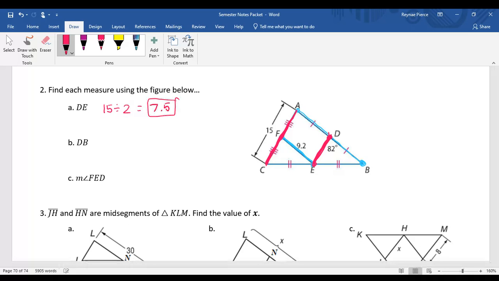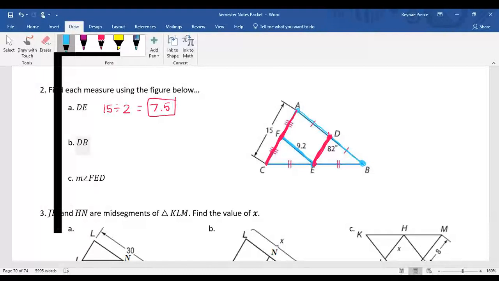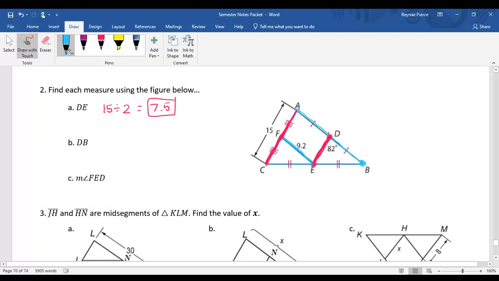So that is the length of DE. Okay. DB is part of the whole line segment AB. So if we know that FE is half of this whole line segment, and we only want half of that line segment, that means DB is also 9.2.